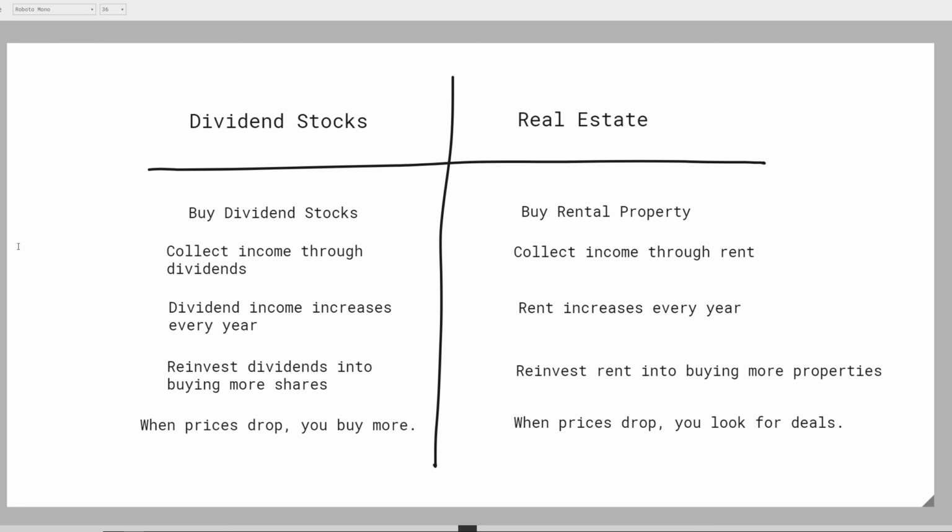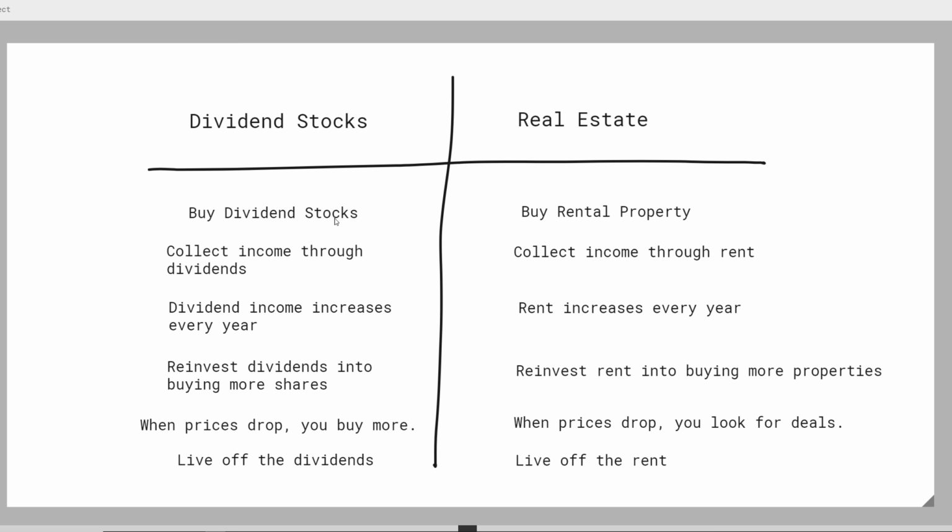Now, the last thing, and this one is pretty obvious, the ultimate goal of any dividend portfolio with mixed fixed income is to live off the dividends. And likewise, if you own a lot of different rental properties, you want to live off the rent. So hopefully this gives you a little bit better of a look into the way that I view this portfolio, my goals behind it. This might align with the way that you invest, it might not, but this is the type of strategy I'm pursuing.